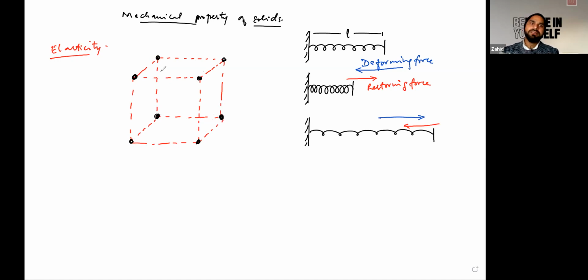Now we consider the bond in between them behaves as a spring-like structure.